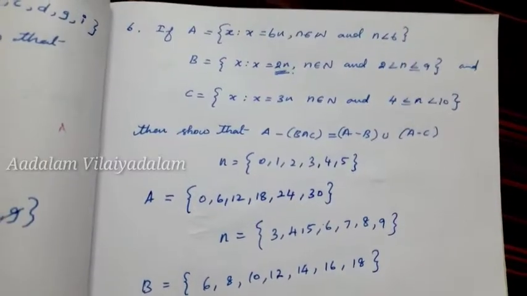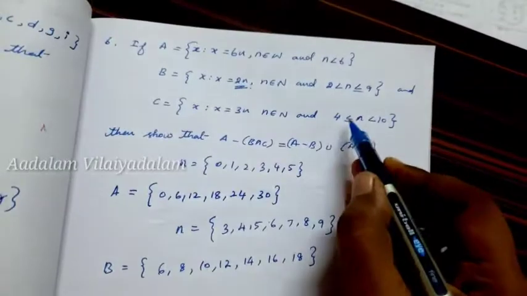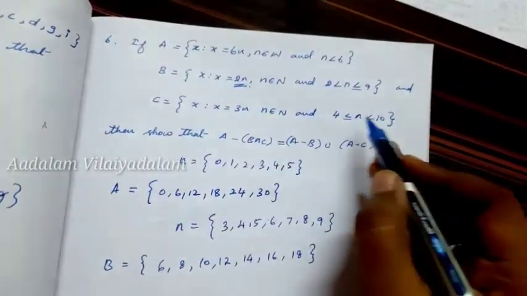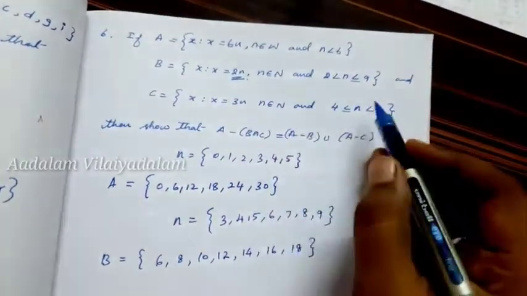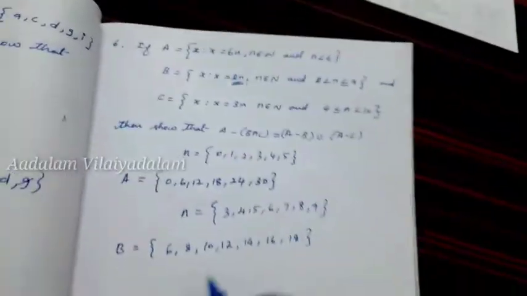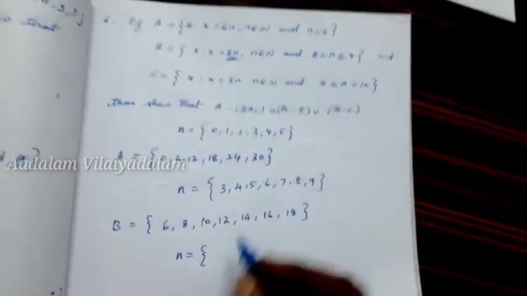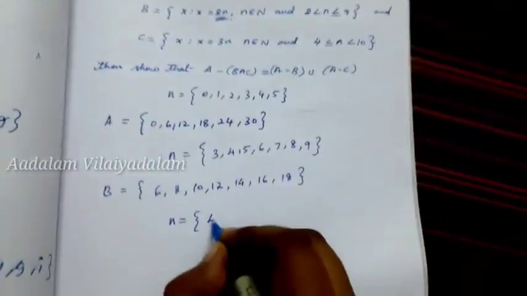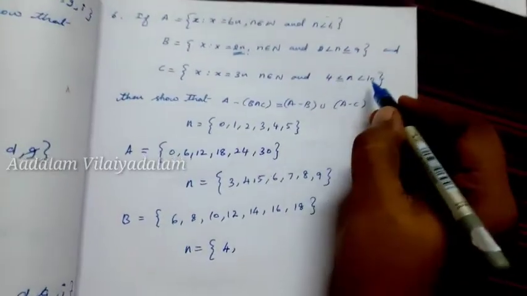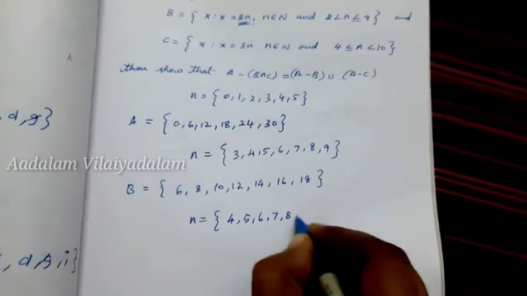Now we can go for the third one, that is C equal to 3n, but the values belong to natural numbers, 4 less than or equal to n less than 10. Then the values are, we shall write, greater than or equal to 4, so we can take it as 4, but less than 10. So 4, 5, 6, 7, 8, 9.